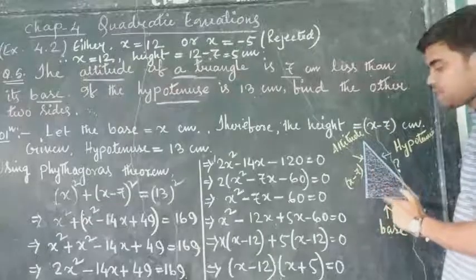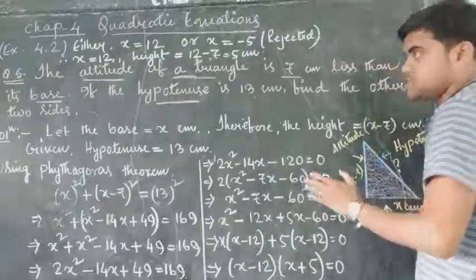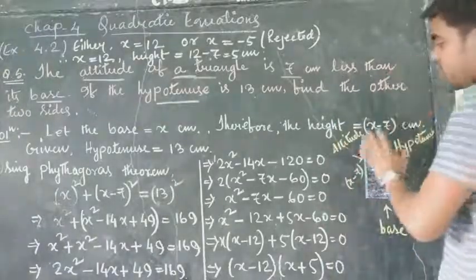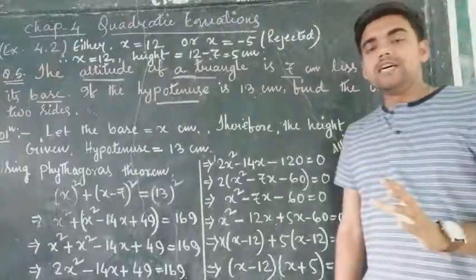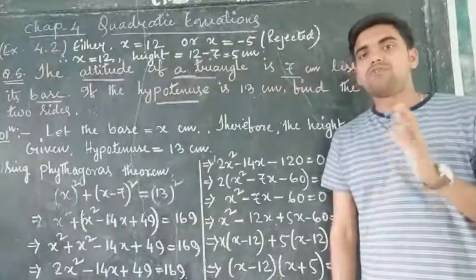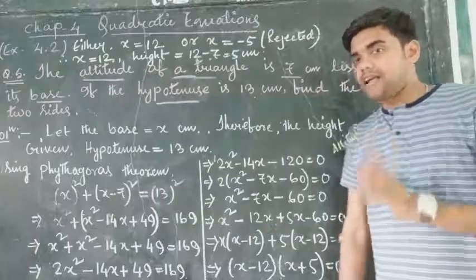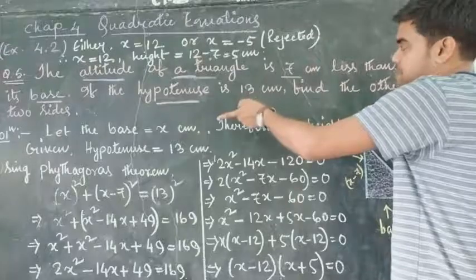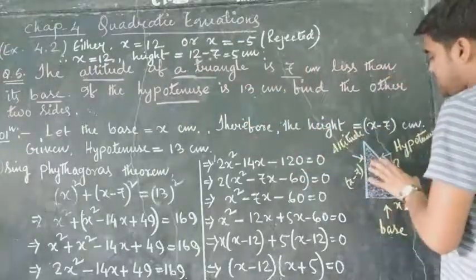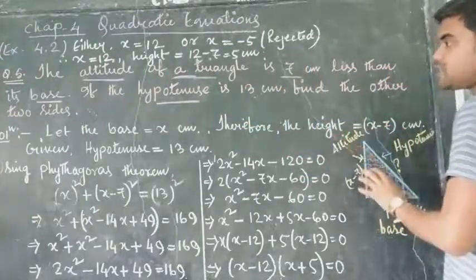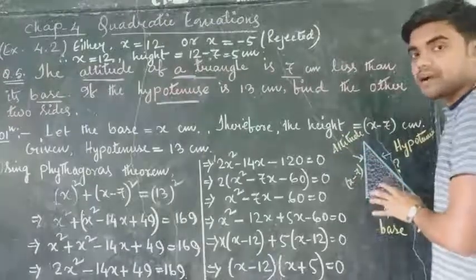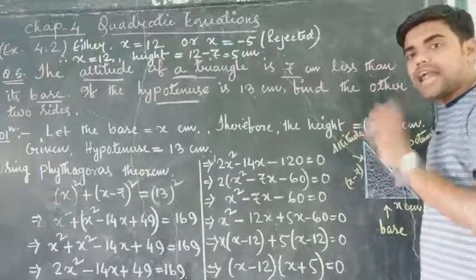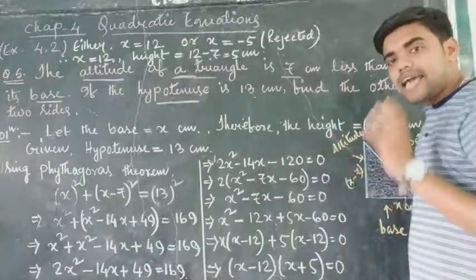In this right angle triangle we don't know the value of the base, and the altitude depends on the base. So first of all we let the base be x centimeter.